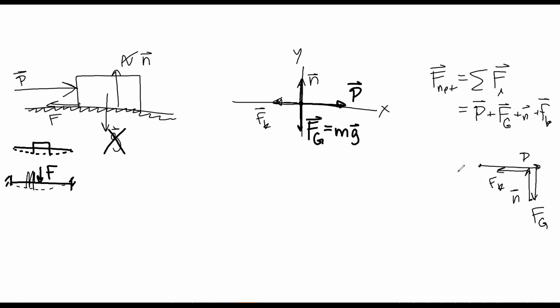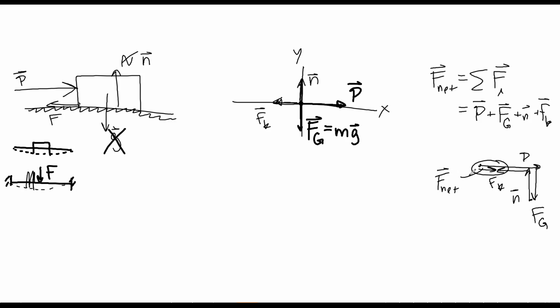Same tip to tail method. And so this vector right here is what we call F net. That is the vector resultant. You can also add it up numerically with components, which is more standard for a lot of the problems.